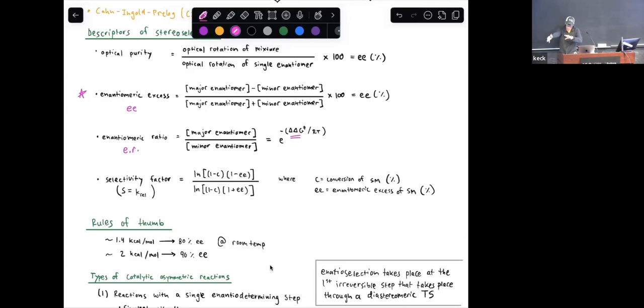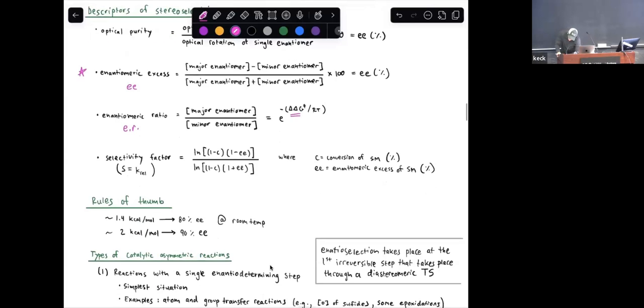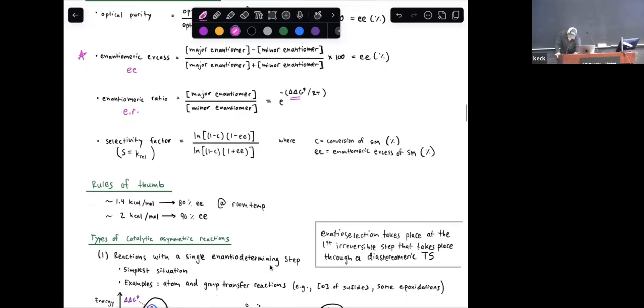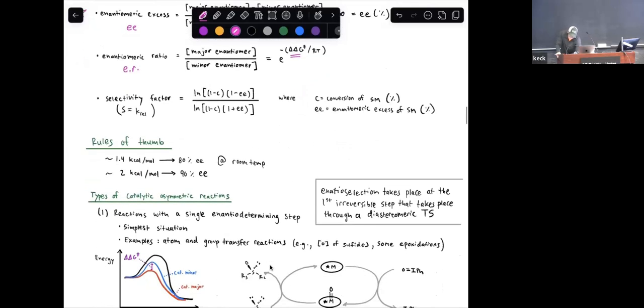If it's an alcohol, maybe you're doing an acylation, and then left unperturbed is the other hand. But in practice, the selectivity is not perfect, so you need to run it sometimes beyond 50% conversion, where you've actually started consuming some molecules in the other hand, and that's why the selectivity factor accounts for not only the EE, but also the level of conversion that you ran the reaction to.